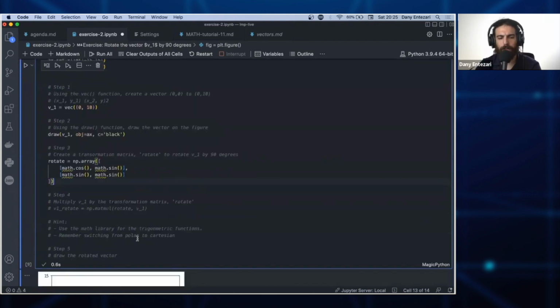What number should I plug in here? And this has to be negative. So we can't put 90 because, well, we're not on a polar coordinate system. So yes, we would have to convert degree to radian.